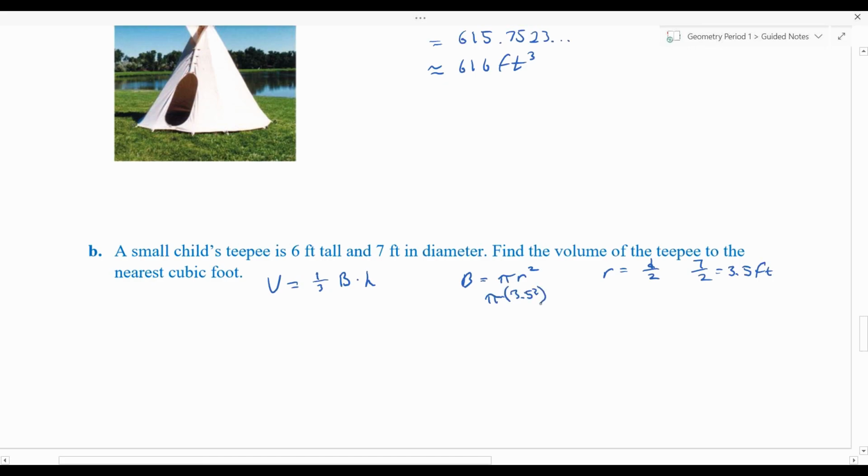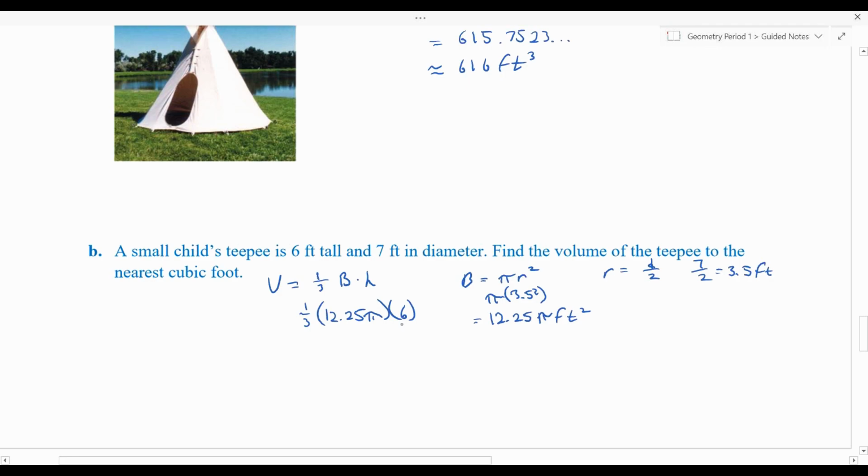So we plug that radius into our formula, and we get pi times 3.5 squared. When we multiply that together, we get 12.25 times pi, and the units are in feet, so it's square feet for the area of the base. They tell us that the height is 6 feet, so we plug our numbers in: 1/3 times 12.25 pi times the height, which is 6.